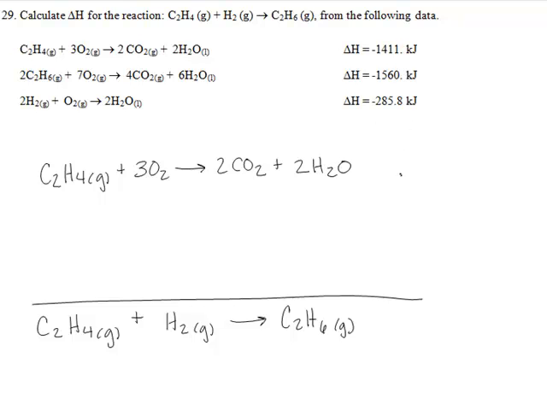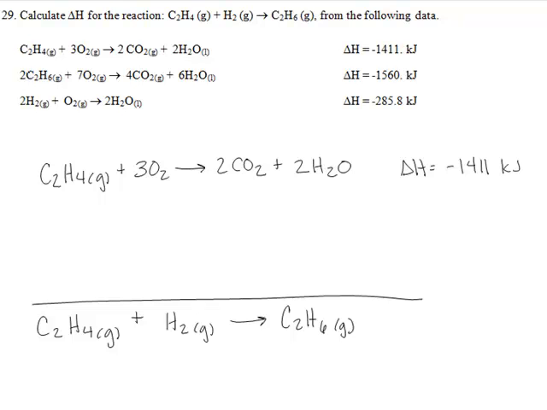I'm also going to bring down the delta H, the heat of combustion, which is negative 1,411 kilojoules. So now I've got 1 mole of C2H4 in my working area and 1 mole of C2H4 in my final equation. I'm ready to move on.